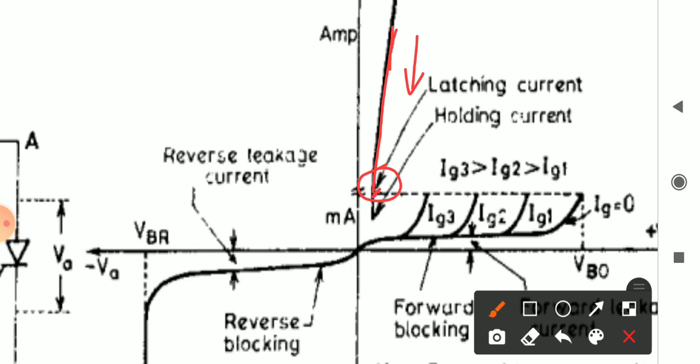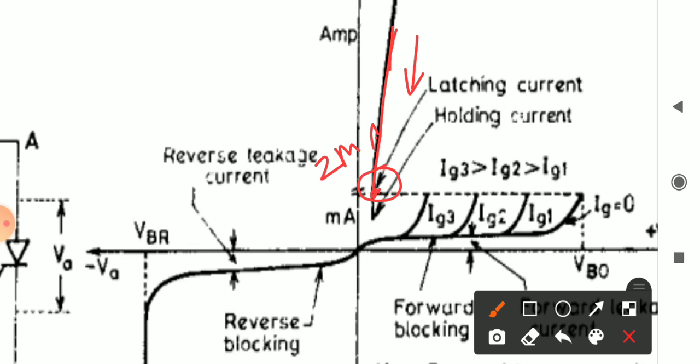For example, consider this current as 2 milliamps. If I reduce the current below this 2 milliamps, still the SCR will be in on condition. That is the latching current. And if I keep on reducing the current, at one point, if I reduce the current below that value, the SCR will turn off. That is the holding current.